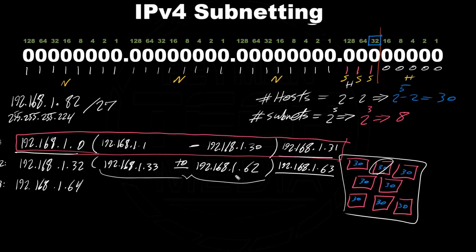So again, remember, with the CIDR notation of /27, subnet mask of 255.255.255.224, we can have 8 subnets. We can have 30 available IP addresses per subnet. So far, you saw this 30 available IP addresses per subnet.